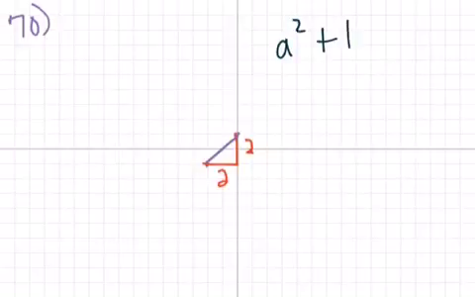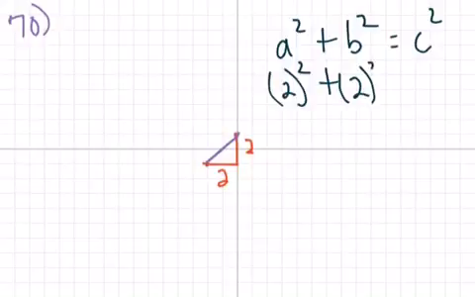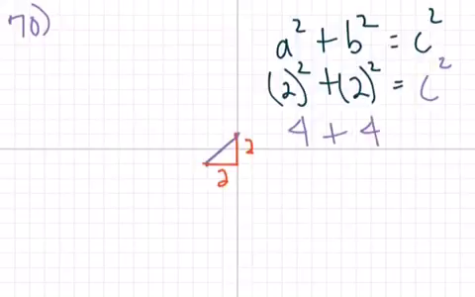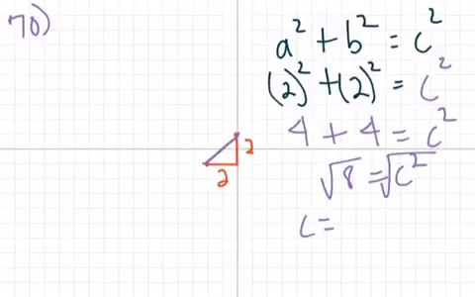A squared plus b squared equals c squared. One of the legs is 2, the other leg is 2, and we're looking for c. 2 squared is 4, plus 2 squared is 4, equals c squared. 4 plus 4 is 8, but I don't need the hypotenuse squared, I need the hypotenuse, so I would take the square root of both sides.